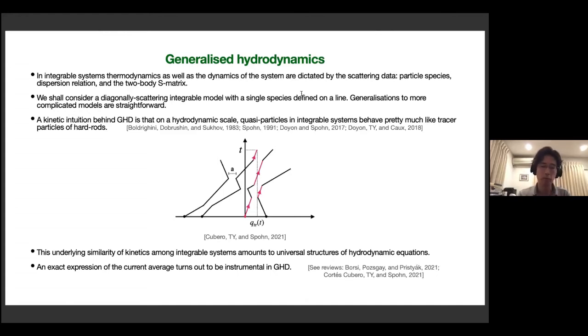Just for brevity, I'm going to consider the simplest case, which is an integrable system with a single species with diagonal scattering, defined on the line. So this is a simple case. Of course, you can think of the Lieb-Liniger model or the sinh-Gordon model if you want some concrete examples. But the idea should be easy to generalize to more convoluted situations.